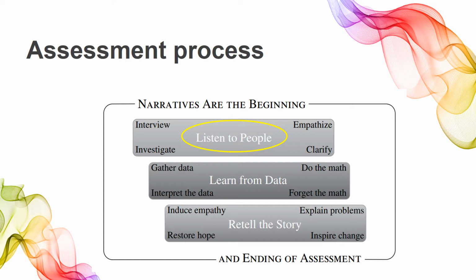At some point, the examiner, the examinee, and other interviewees come to a consensus that the examiner understands the referral concerns sufficiently to proceed to the formal data gathering phase. The second phase is learn from data.